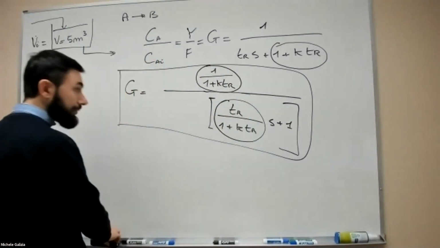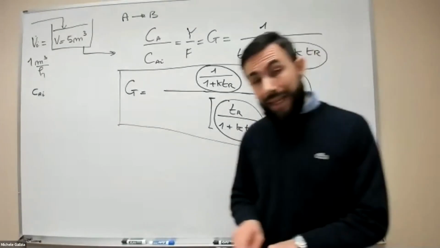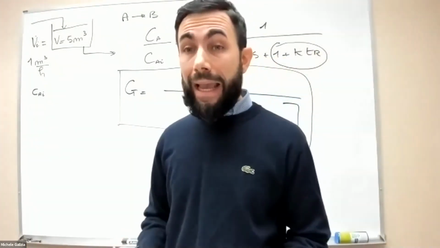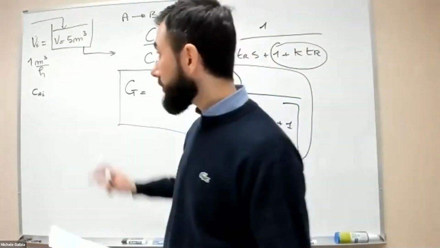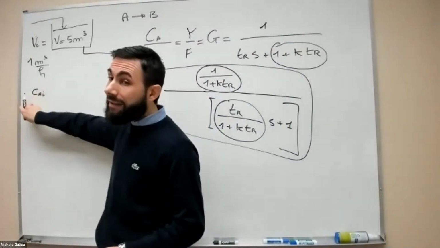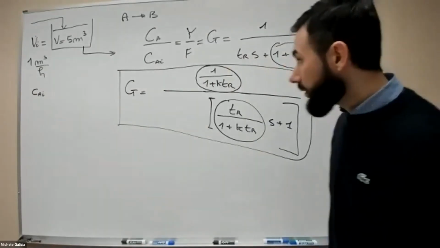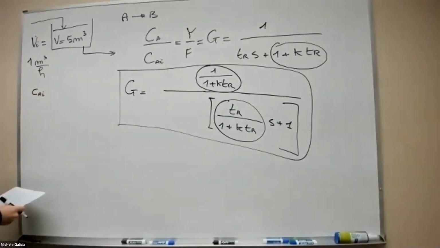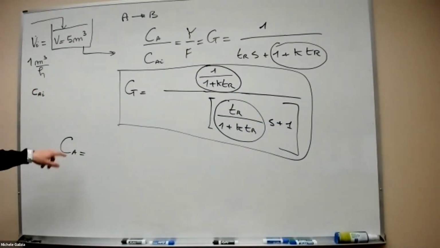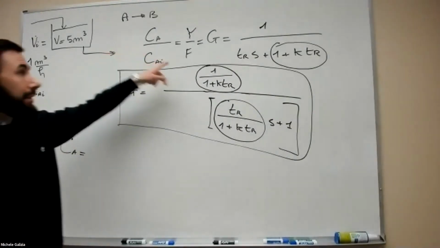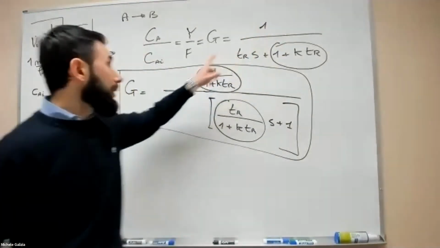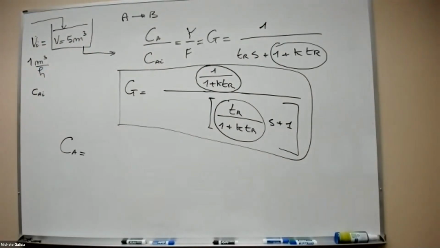Are you still there? Yes. Okay, good. Now, the statement says that we apply a step disturbance in the inlet reactant concentration, and then we measure the output. So in the Laplace domain, CA is the transfer function times the Laplace transform of the disturbance.